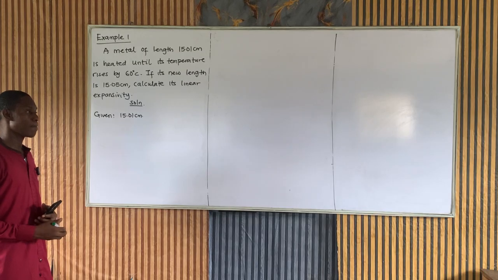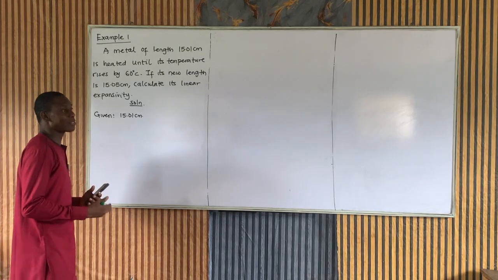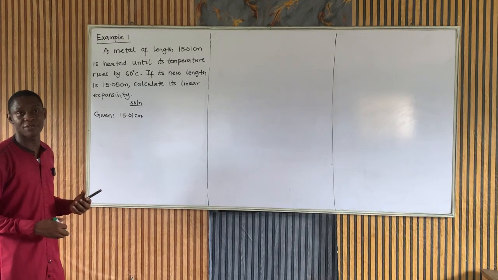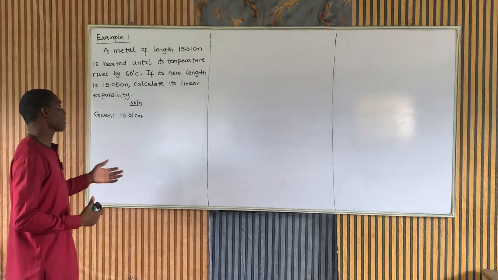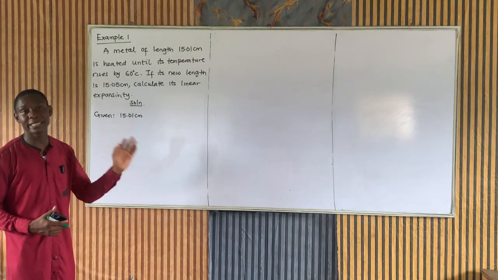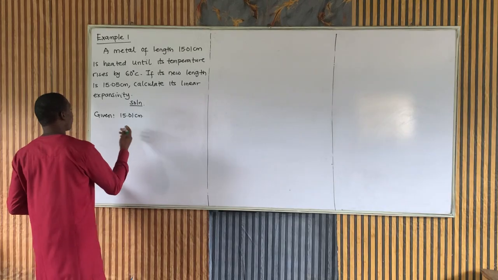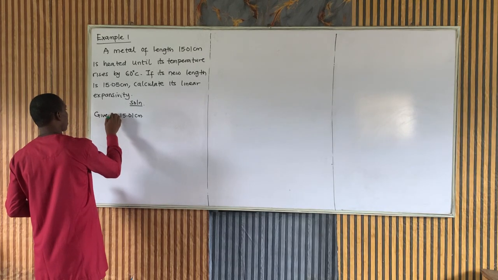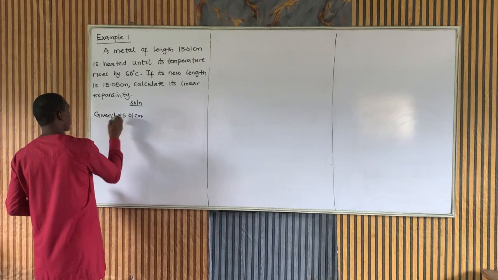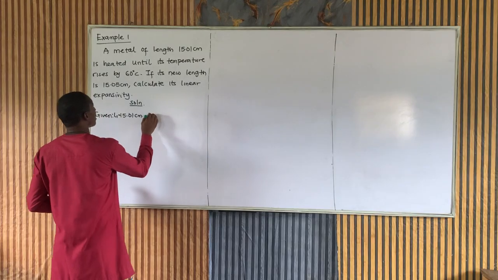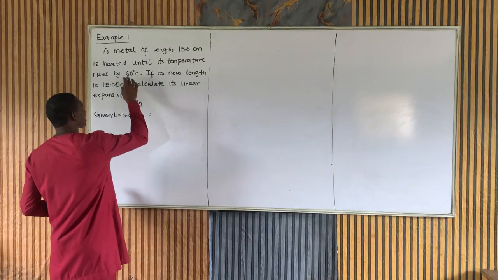And even when we are asked to calculate not only linear expansivity but even new length, if you are given centimeter, just use it like that and leave your final answer in centimeter. So take note of that. You don't need to convert. So this is our L1, 15.01 centimeter. Then it's heated until temperature rises by.